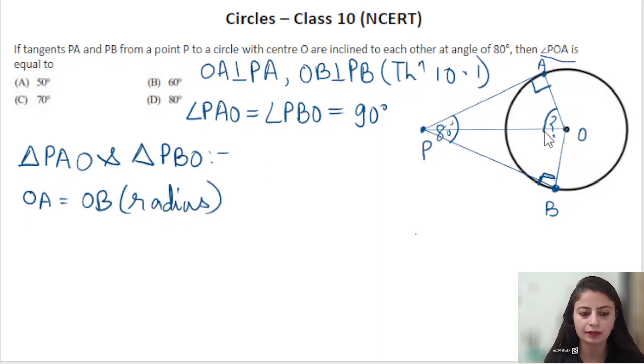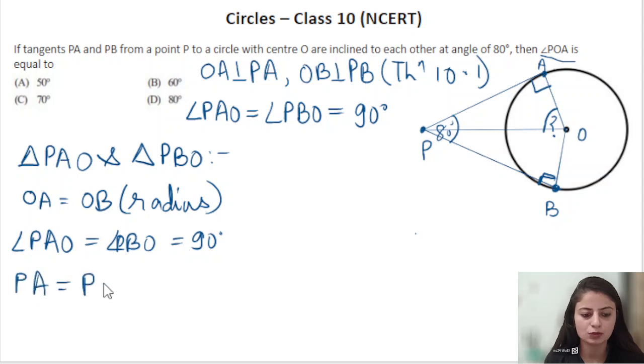Right? And we saw that angle PAO is equal to angle PBO. Both are 90 degrees. Also, PA is equal to PB. Why they are equal?